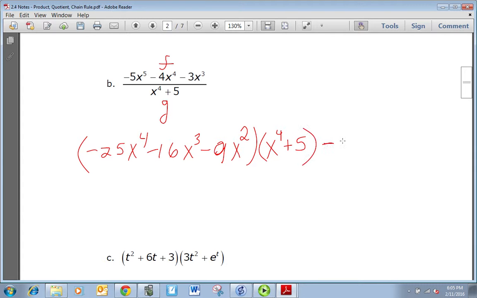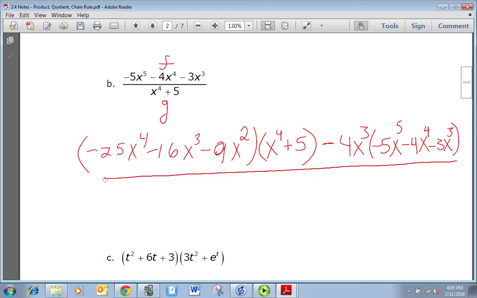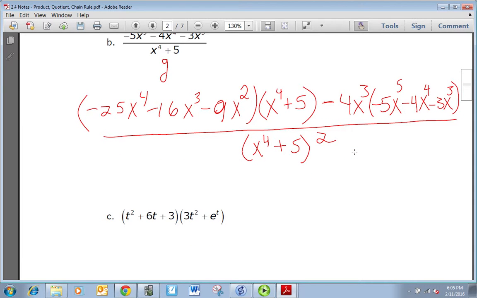And we're going to subtract the derivative of the bottom, which is 4x cubed, and multiply that by the top. And the whole thing is over x to the 4th plus 5 squared. And that's it. You do not need to simplify these. Just be really careful when you're entering them in My Open Math.